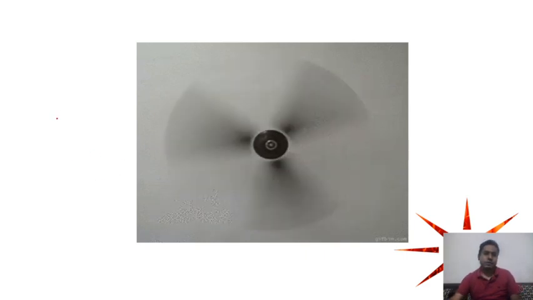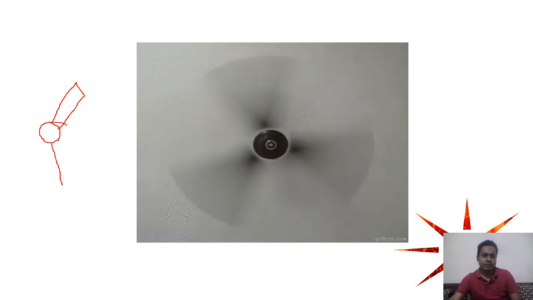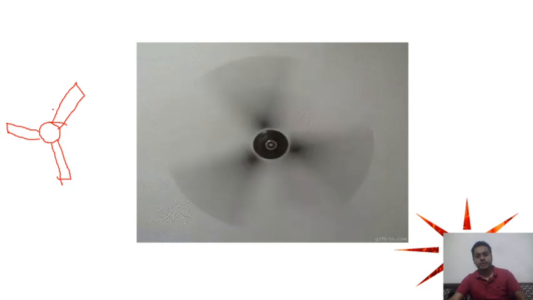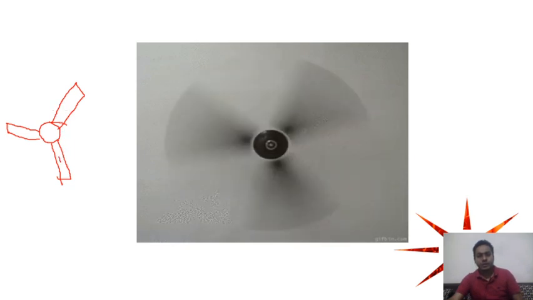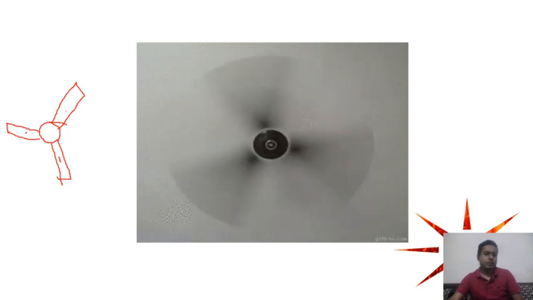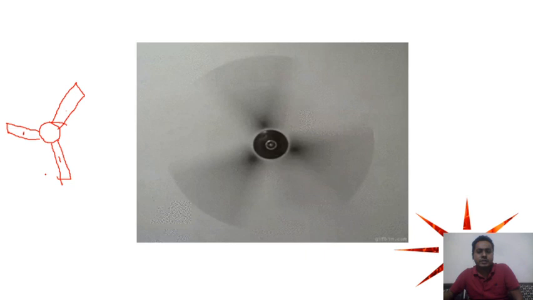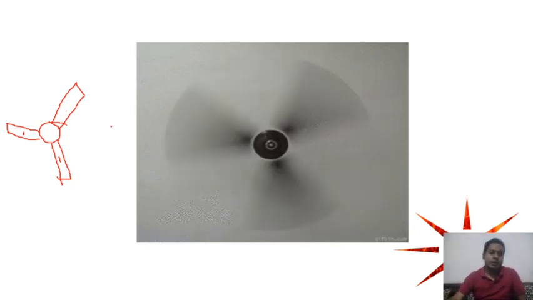Just think, if a ceiling fan has 3 blades, and it rotates in this position and this turns into this shape, after rotating, the blade in this position goes into this position, then the original shape is not changed. This is called rotational symmetry.